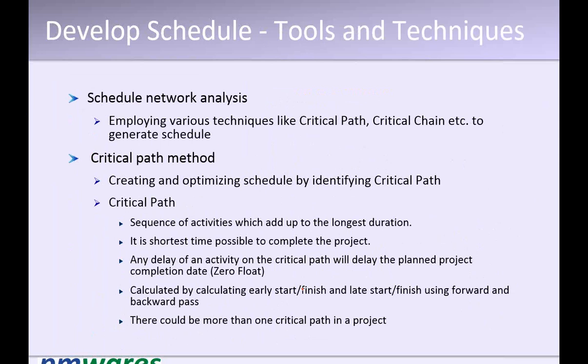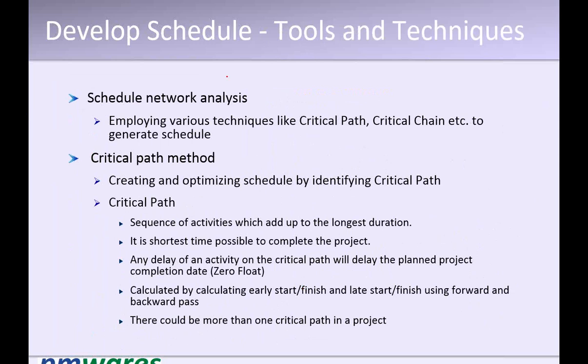Say there are two activities that can be done in two different ways, or there are two different paths. One path may be done in 5 days, another in 7 days. So there is a float available of 2 days.